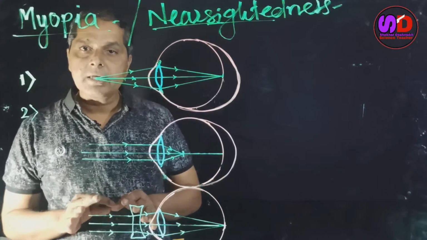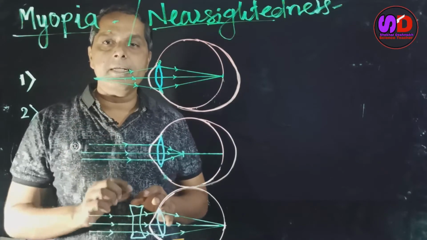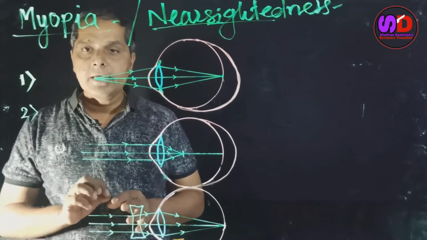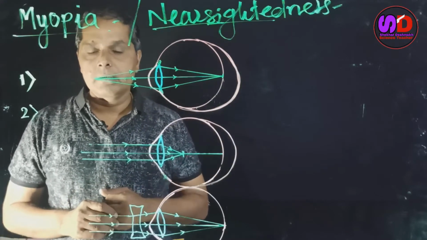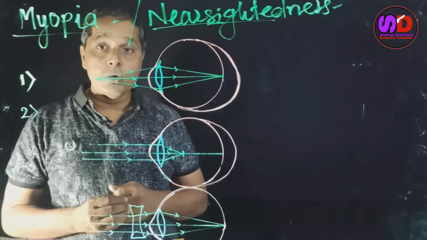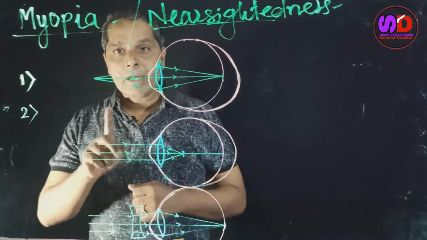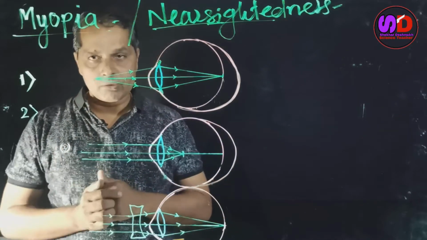So the person requires spectacles with a concave lens if he is unable to see distant objects. And we know the power of a concave lens is always negative.